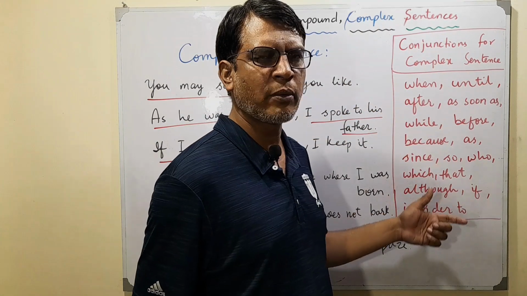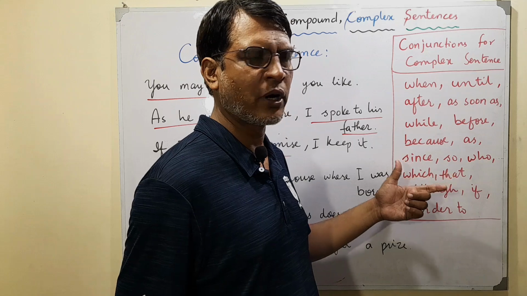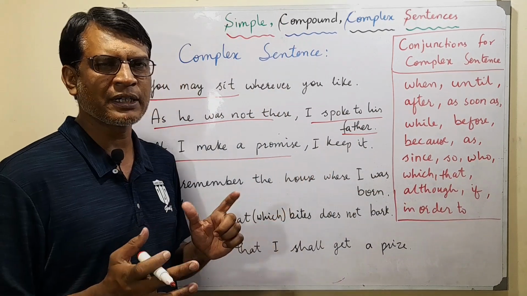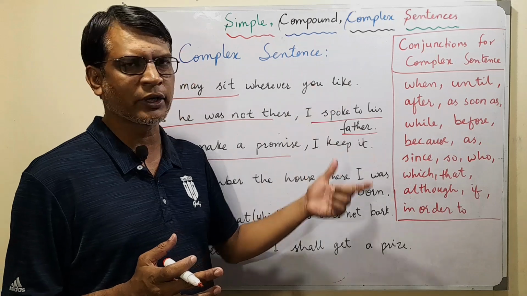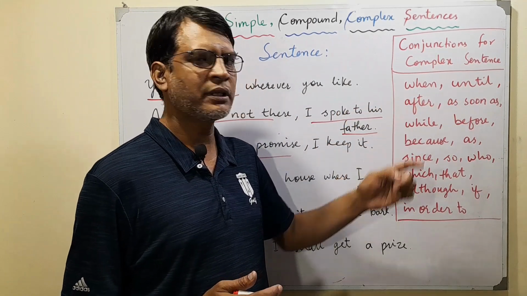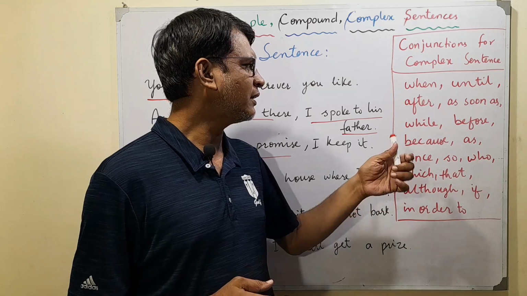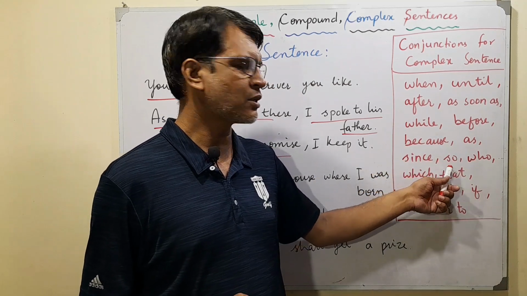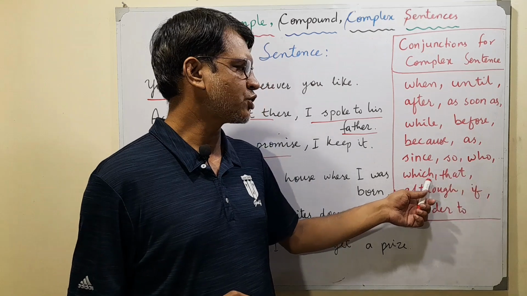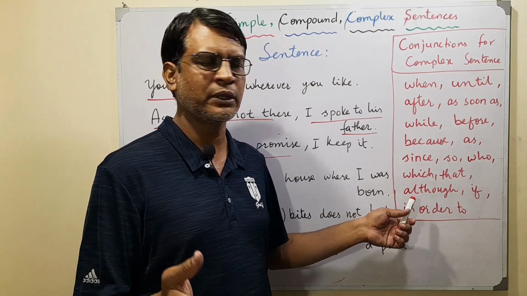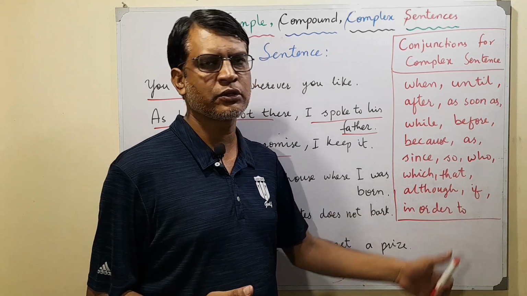These are the most common conjunctions or connectors for complex sentence. Again, if you are confused between compound and complex sentence, look for them. Like when, until, after, as soon as, while, before, because, as, since, so, who, which, that, although, however, even though, if, in order to.